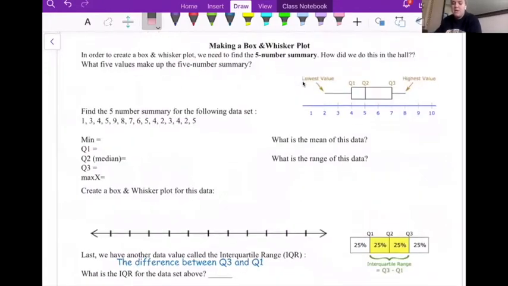Now we're going to talk about making a box and whisker plot. And so with a box and whisker, it's also called a box plot, but we use our 5-number summary.